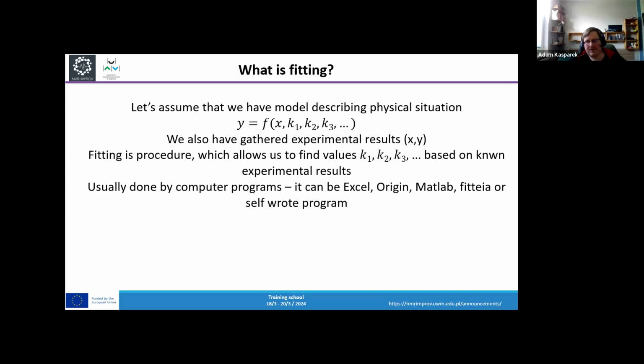For example, it can be frequency and temperature we measure, and our model describes what we get. And in the fitting procedure, we find the values k1, k2, k3 based on known experimental results.